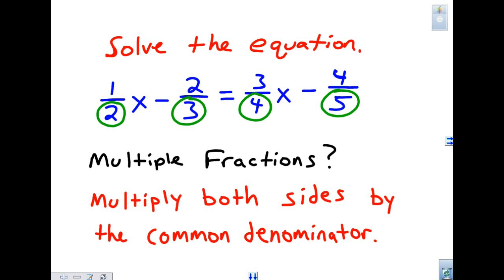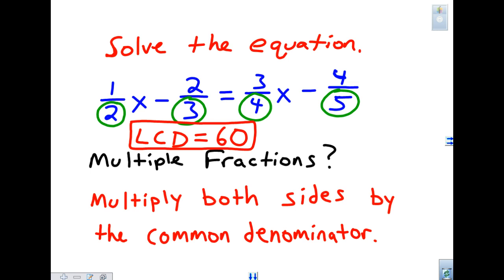What's the smallest number that can be divided by 2 and 3 and 4 and 5? That will be my least common denominator, which I'm abbreviating here as LCD. If you think about it for a minute, hopefully you'll come up with the answer of 60. That actually is the smallest number that can be divided by 2 and 3 and 4 and 5 evenly. So 60 is our common denominator.